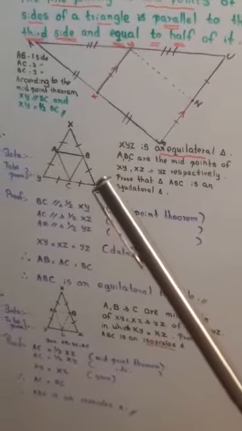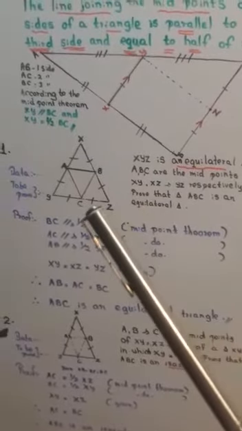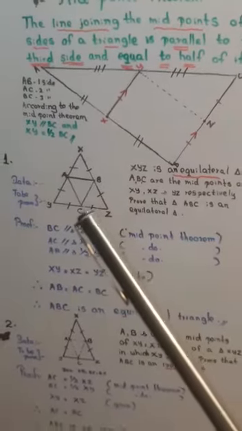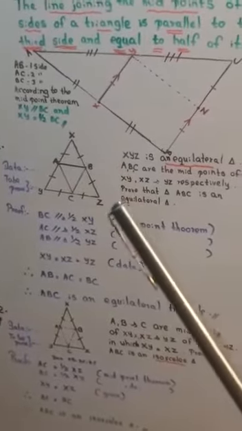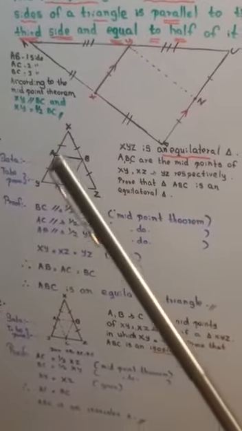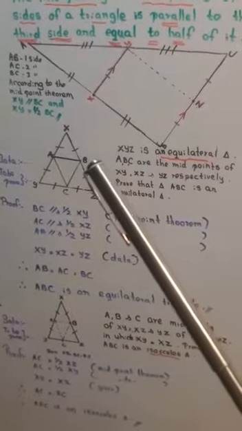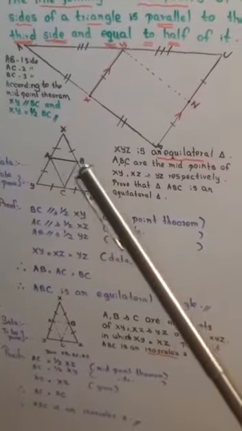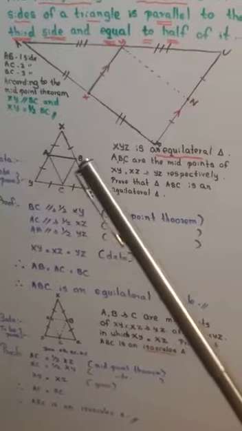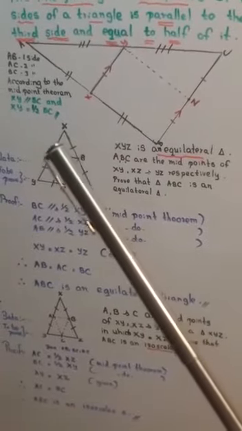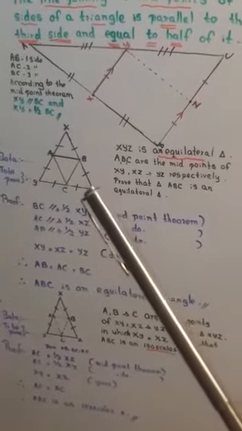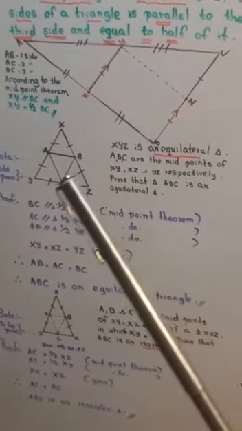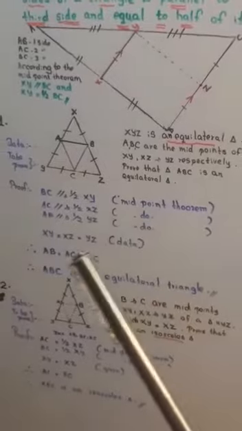Now, the third side is XZ. Then AC is parallel to XZ and AC is half of XZ. Similarly, AB is another pair connecting these two midpoints, that is, the mid-segment is parallel to YZ and also AB is equal to half of YZ.